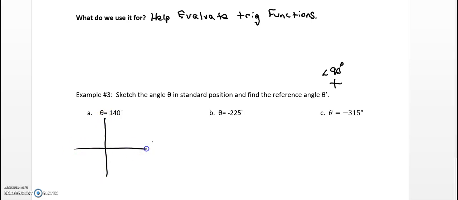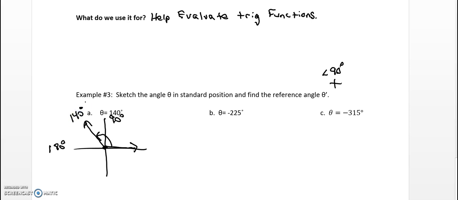So 140 degrees. We know we have our initial side here at 0. This is 90. This is 180. Well, 140 is between 90 and 180. So that angle right here is theta, and I'm going to write it up here, 140 degrees.